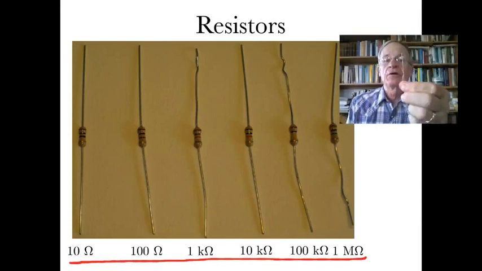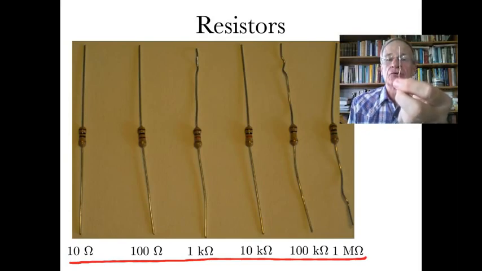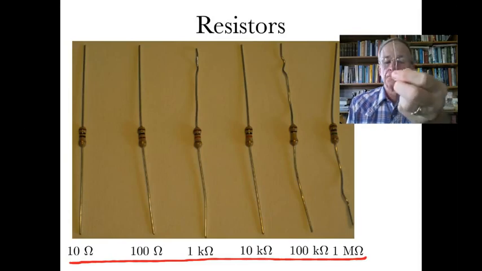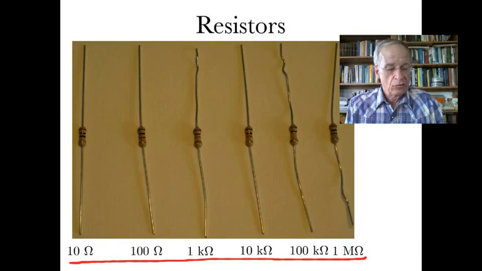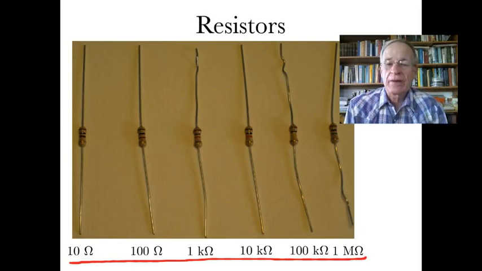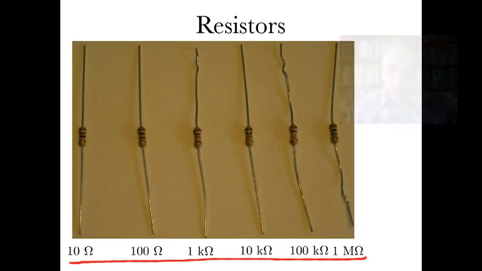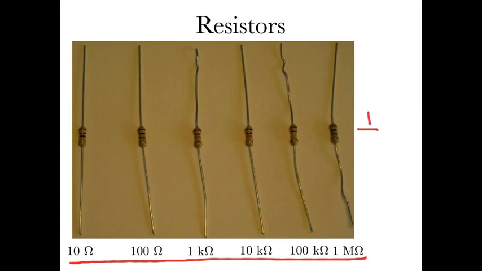I want to hold up a resistor to give you an idea of the size. This happens to be the 1 megohm resistor that I showed you in the photograph here, and you can see it's pretty small. The size of the resistor determines how much power it can dissipate. These turn out to be 1/4 watt resistors, and we'll talk about the power considerations in a second.